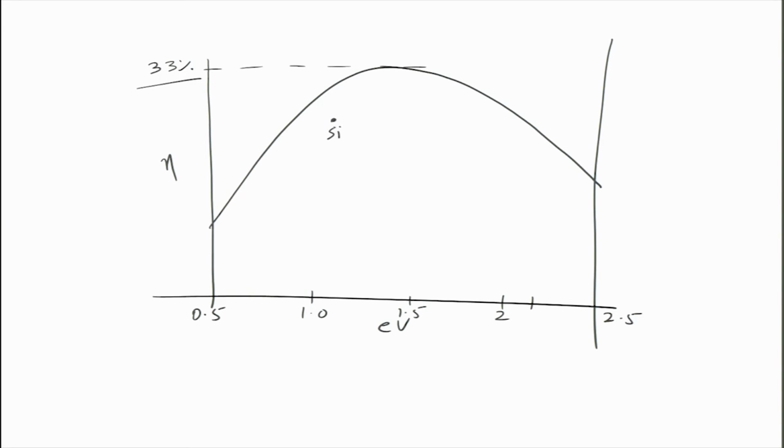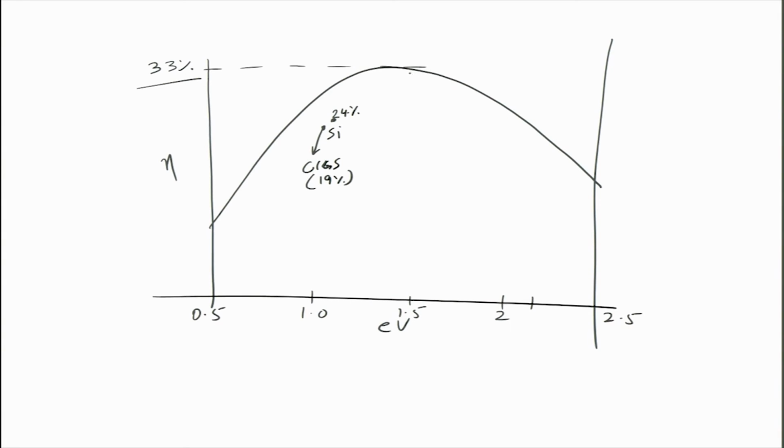Copper indium selenide is a little lower than silicon. Silicon right now is at about 24%, 24.7%. This is CIGS, which is at about 19% or so approximately. Cadmium telluride is a little higher.